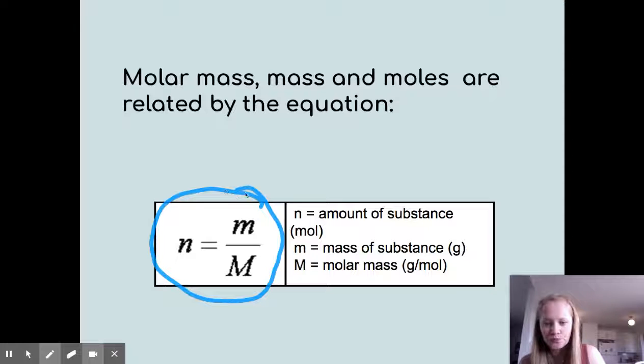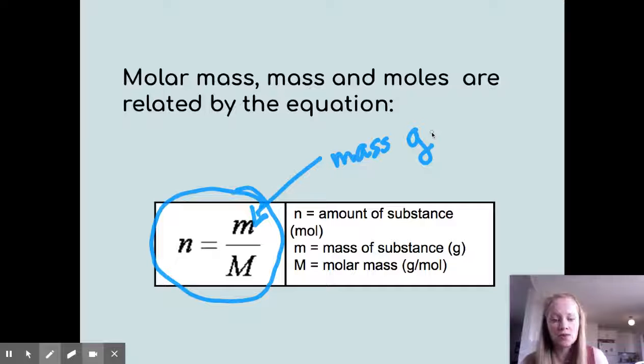So little m in every single formula you will end up seeing for your science concepts is always going to be mass. And mass in this formula is going to be measured with the unit of grams. Molar mass, big M, is what we learned how to calculate last lesson.